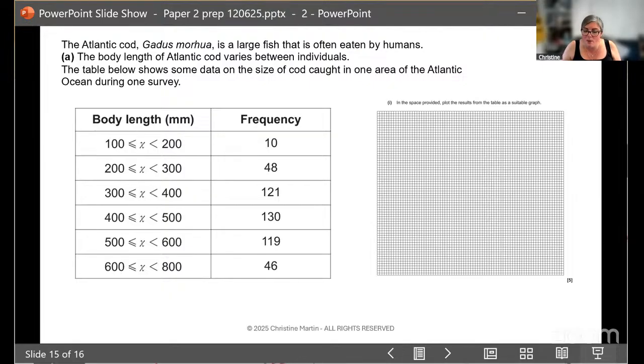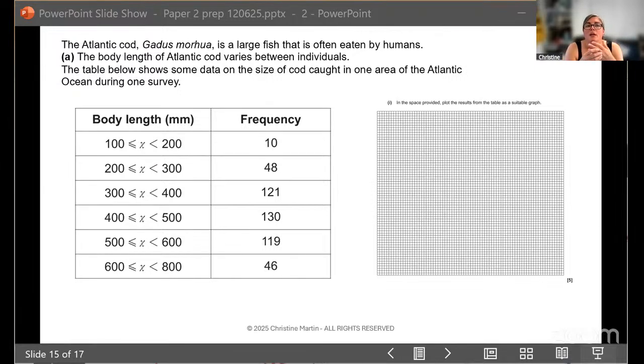So when there's a question about, for example, sustainability and about fishes, they're looking for you to use this information. It was a really lovely question, actually. It was looking at variation with fish, because it's paper two, they can look at how different variation can occur.